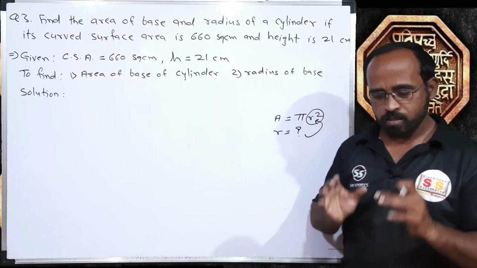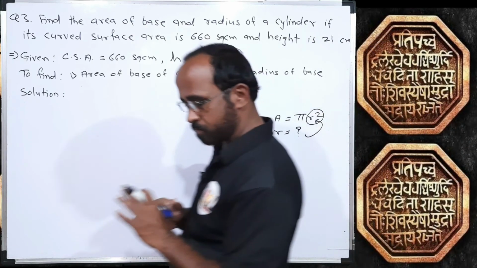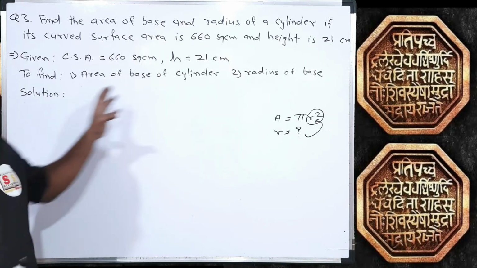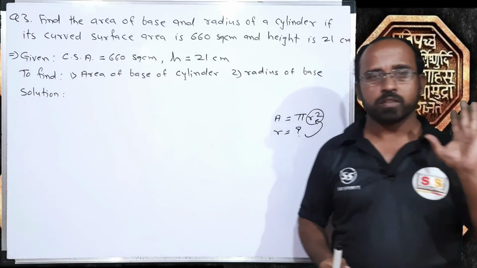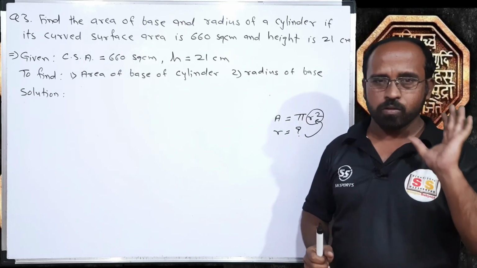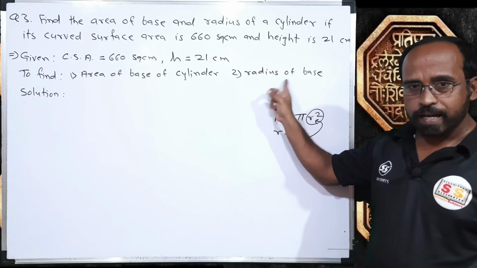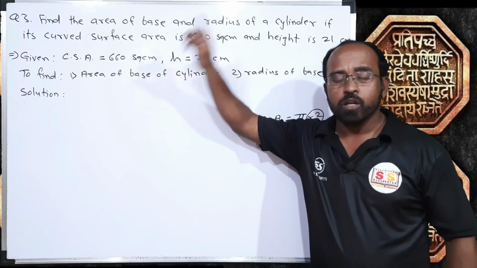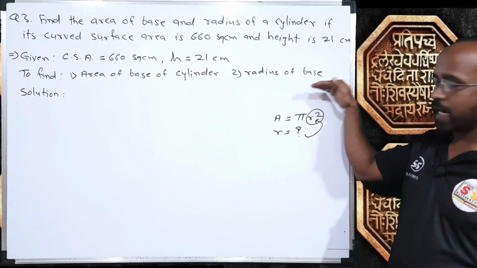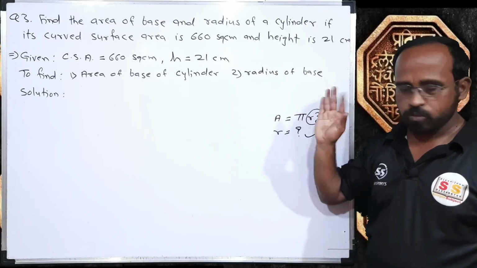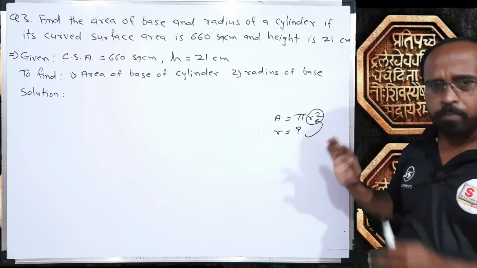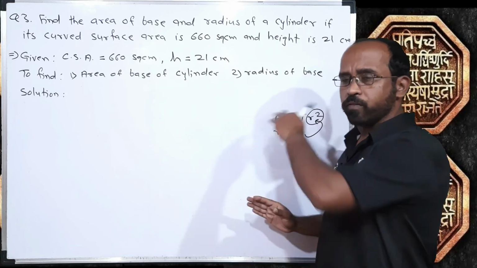Just remember one moral: whatever is the order of the question, that doesn't matter. Order of the logic is important. What is the logic? Radius is required to find out the area. So though it is written later, we have to find it first.